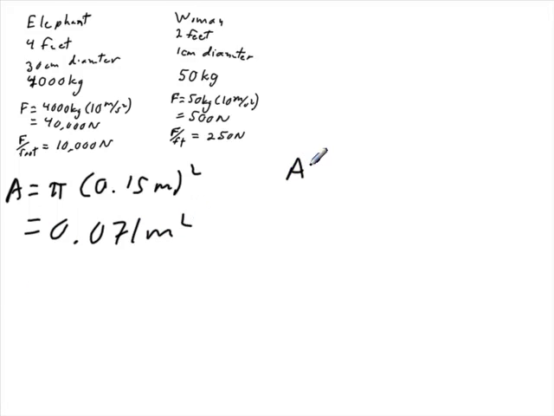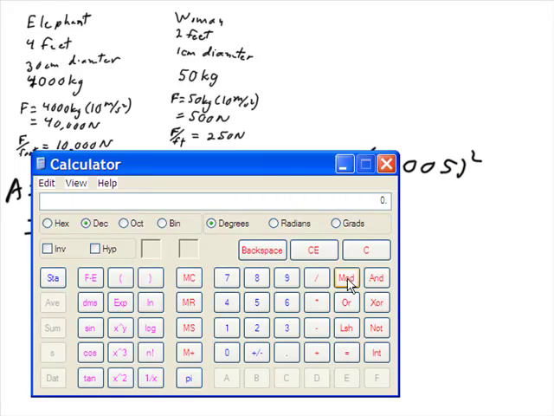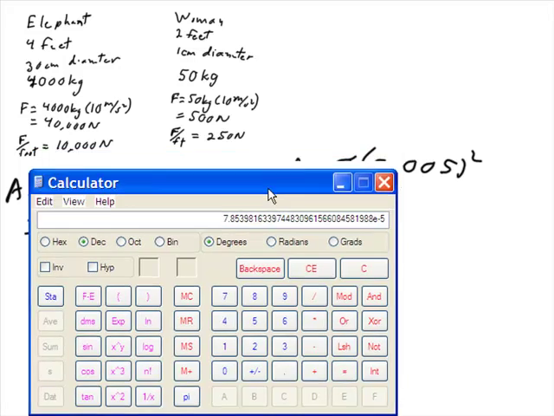The area under the woman's foot is just pi times half of 1 centimeter squared, 0.005 meters, that's half of 1 centimeter. We square that. That's only 7.9 times 10 to the negative 5 meters squared.